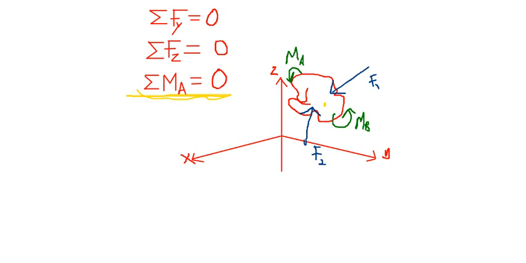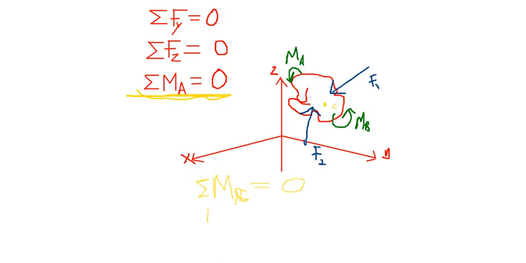Let's call this point C. The moment sum about point C should equal 0.